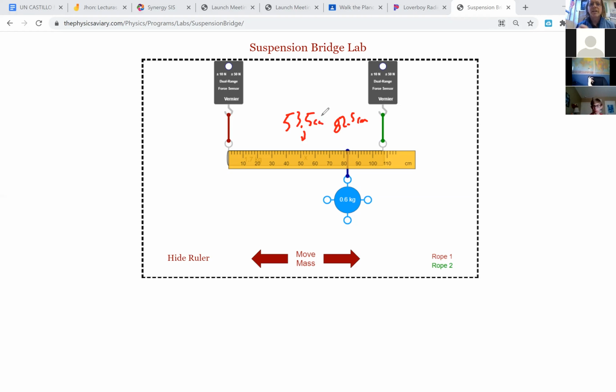Okay. So here's how I'm going to get rid of one of my unknowns. I'm going to use rotational equilibrium. I'm going to put my fulcrum at one of two places, the red spot or the green. I'm going to choose red at the 0. I can put the fulcrum wherever I want to, guys. It's my problem.